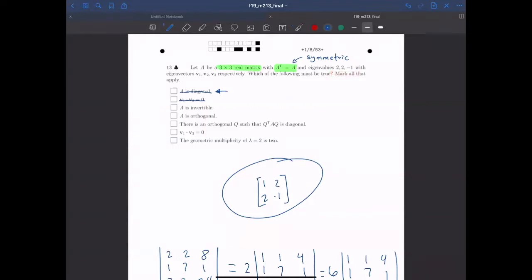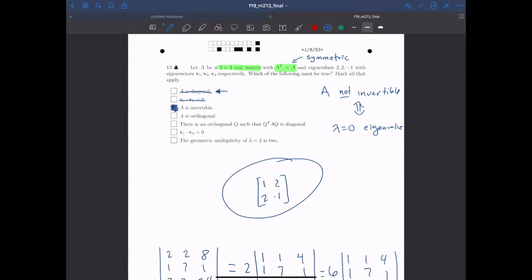So remember, a matrix is not invertible if and only if lambda equals 0 is an eigenvalue. One way of telling whether a matrix is invertible or not is by looking at the eigenvalues.